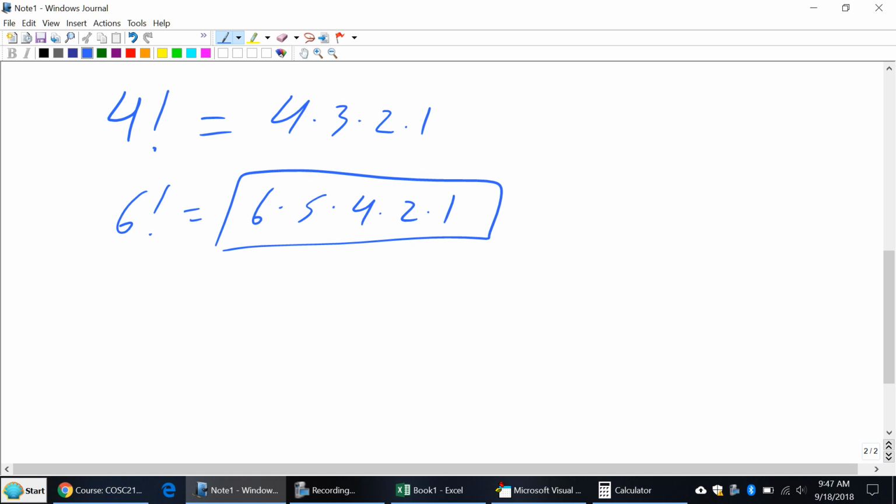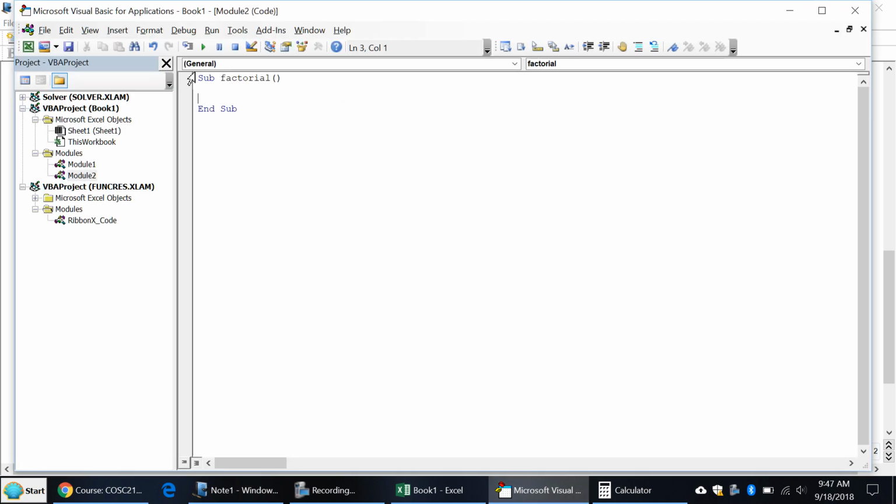So how hard is it to write a program to do this? Well, actually, it's not much more difficult than the one we just wrote. We're going to say n is equal to input box, input n, like this.